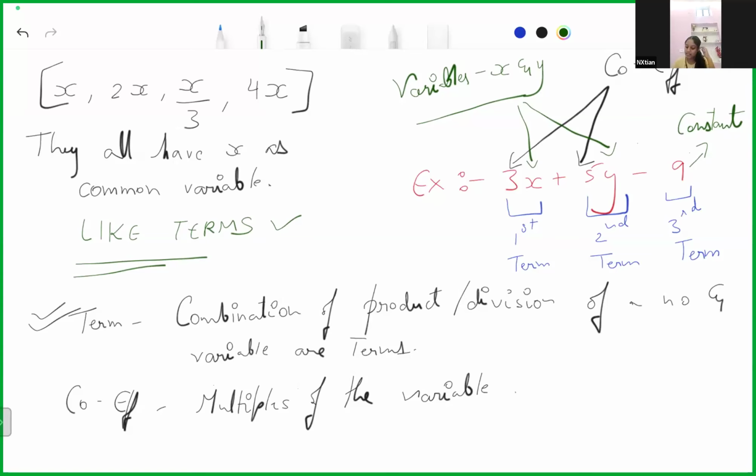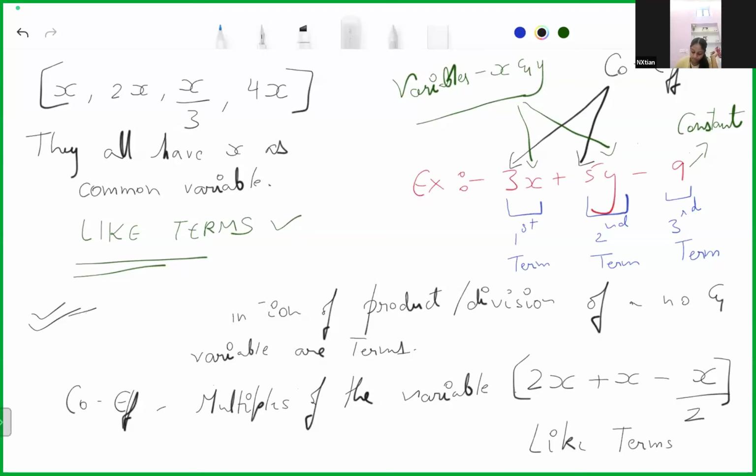Suppose I create one equation: 2x plus x minus x by 2. These are all like terms.